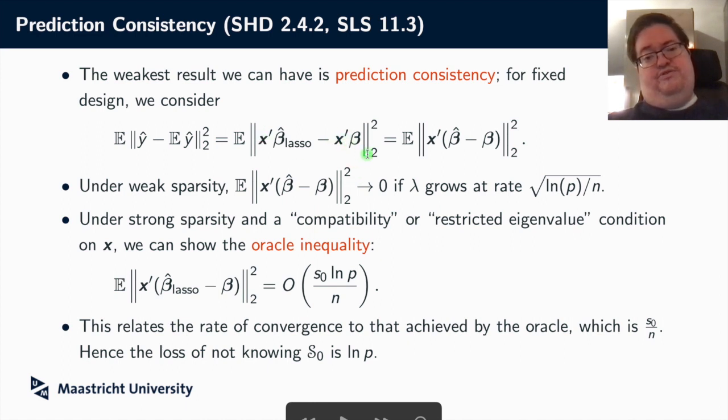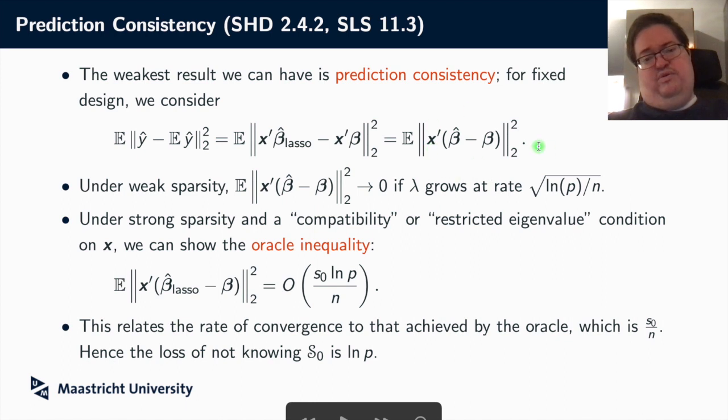Now, this is weaker than consistency of the betas themselves, because of course it's sufficient: if beta hat converges to beta, then of course x prime (beta hat minus beta) will also converge to 0. But this allows for a bit weaker, because we may mess up our betas as long as it does not affect our prediction through x.